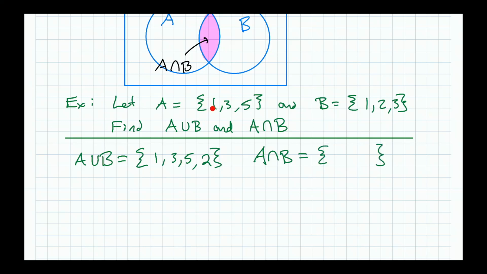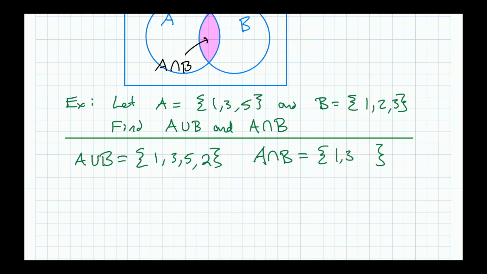You see a 1 and a 1, so 1 is in both A and B. Then the next one, 3. 3 is in A and B. Let's look at the next one, 5. 5 is in A, but 5 is not in B, so it's not in the intersection.